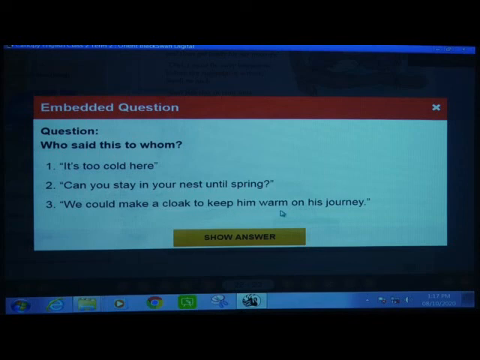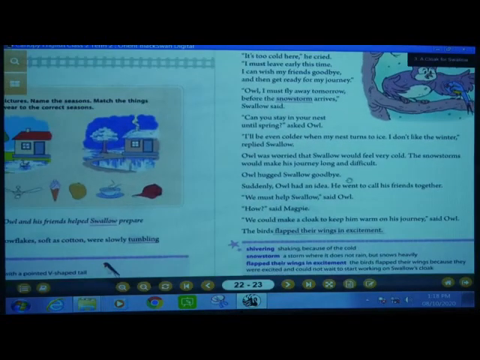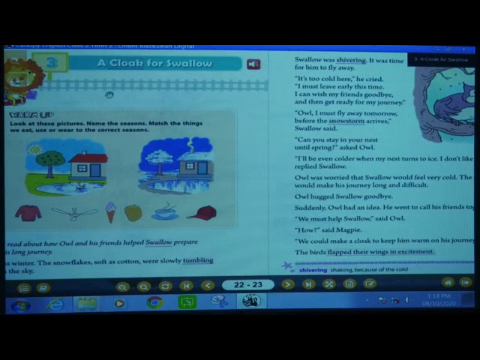Who said this? Owl. Very good. But to whom did he say it? To all the friends. Good. Now children, after this, we'll see the next part of this interesting story.